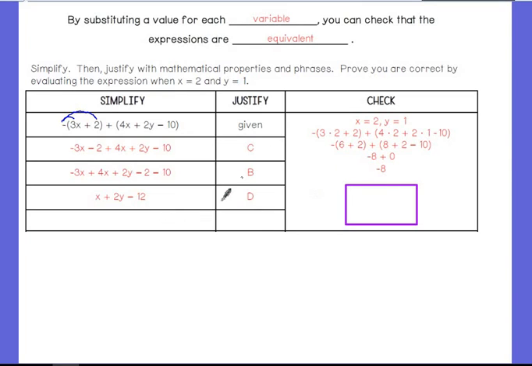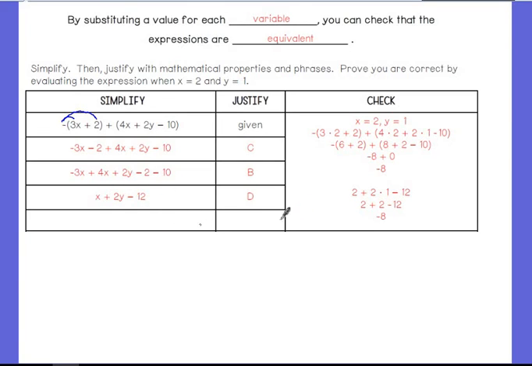If I don't, I did not simplify it correctly. They wouldn't be equivalent expressions. So, plugged it in. 2 plus 2 times 1 minus 12. Simplify that. I also get -8.